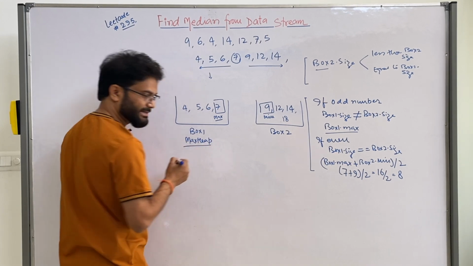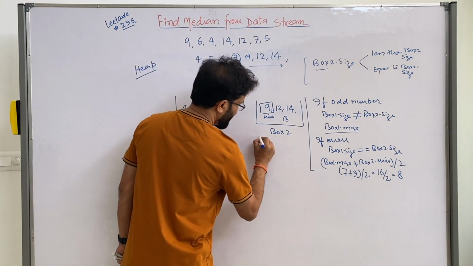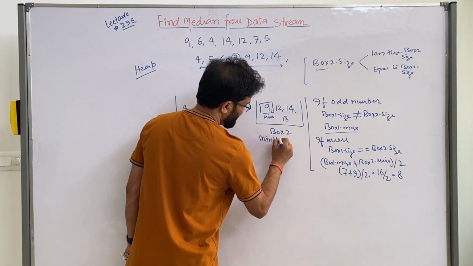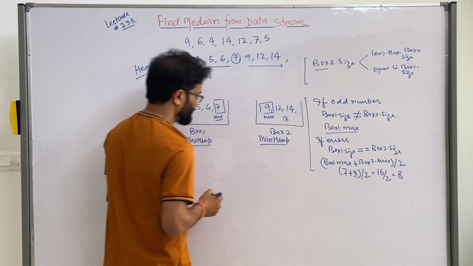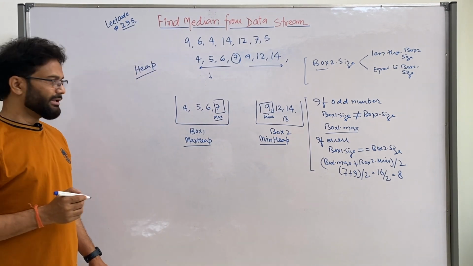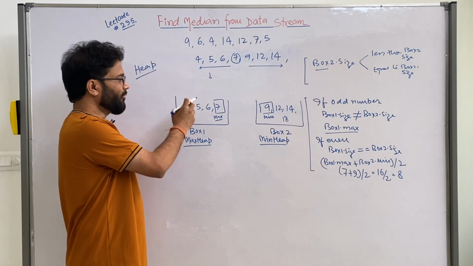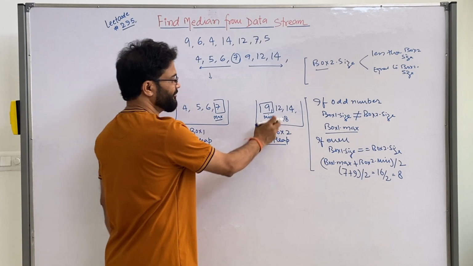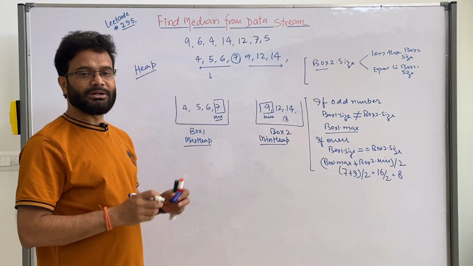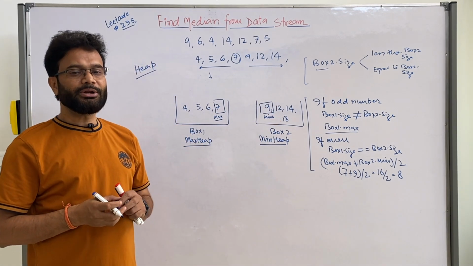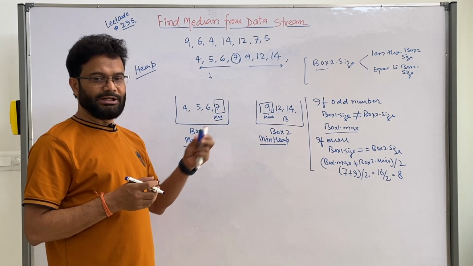We use the max heap data structure here, and we will use the min heap data structure there. The max heap gives the maximum of all the data, and the min heap gives the minimum among all the numbers. Okay, so let me show you how this heap works, right?